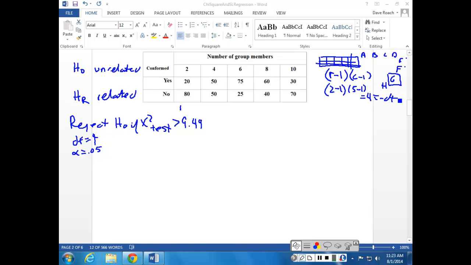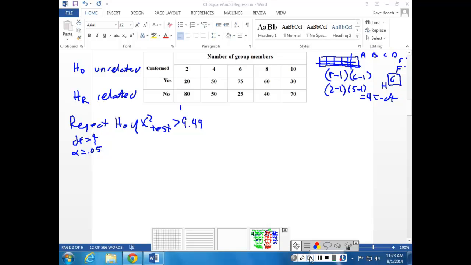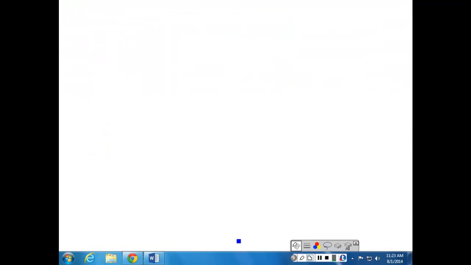I'm going to do something else now. I'm going to redraw this problem, and on a test I'll give you more room. What I like to do is work everything inside the table. So if you're doing homework, the first thing I would do is make the table bigger. You don't have to do it this way. You can put things in columns, and I think I probably have a video where I show you how to do it that way.